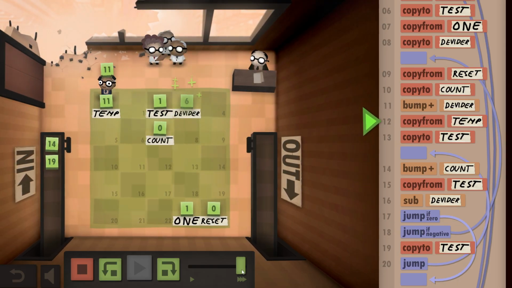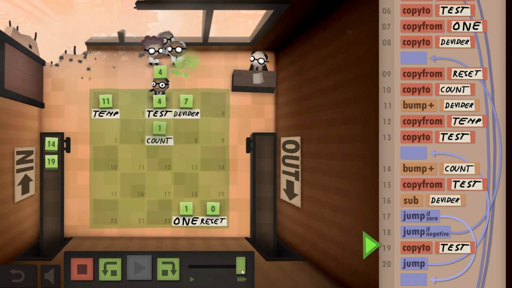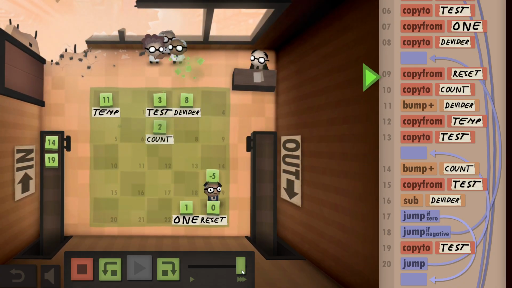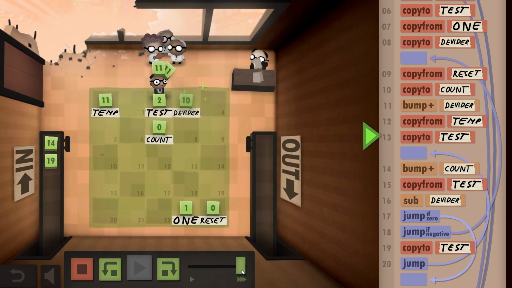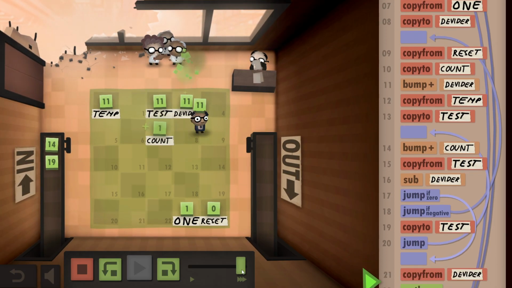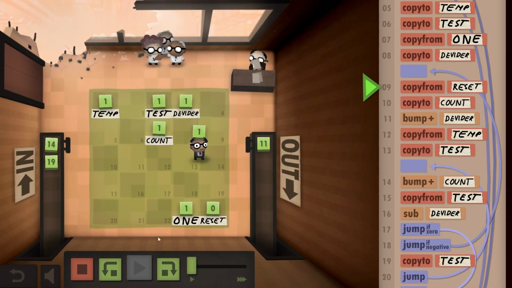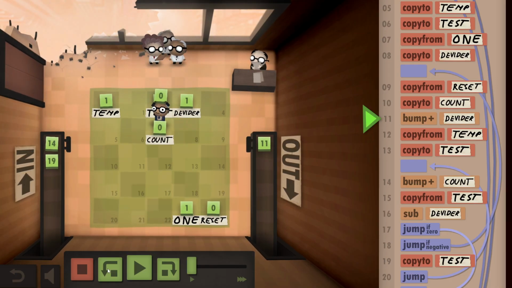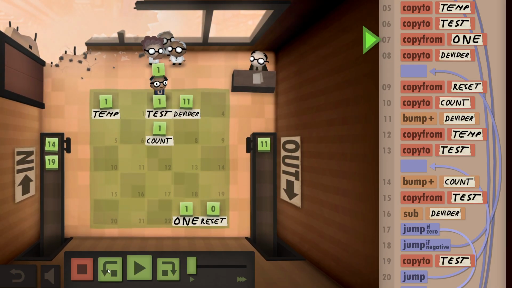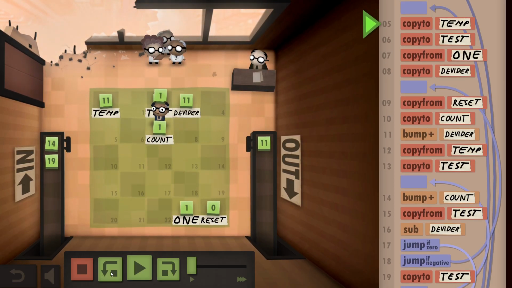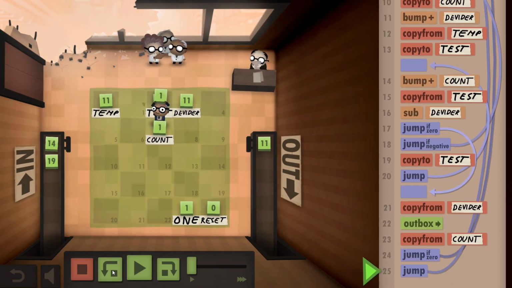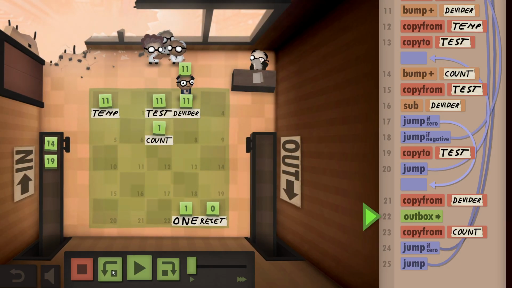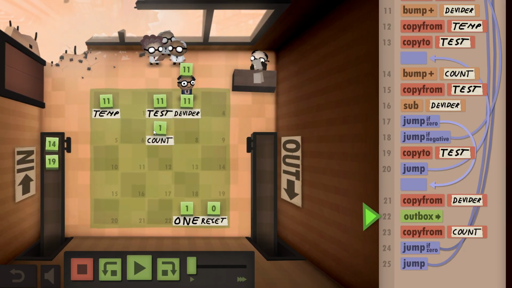Luckily we have 11, so I can test it. Oh, still an issue. We can't get ones on the divider. No, that needs to be 0, so we can't have the bump there.